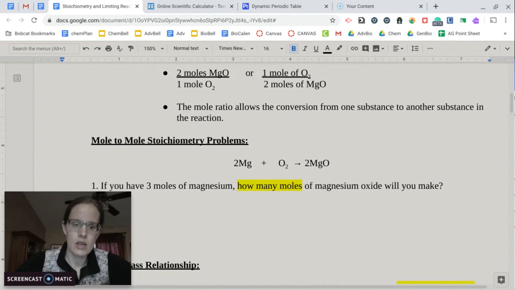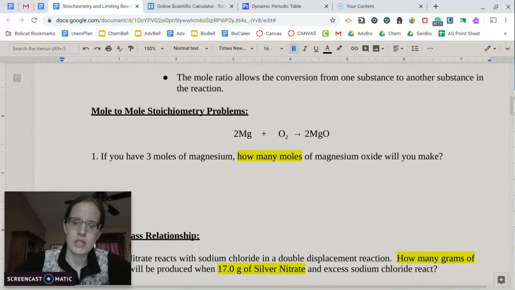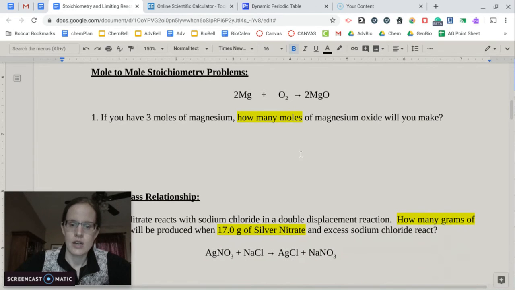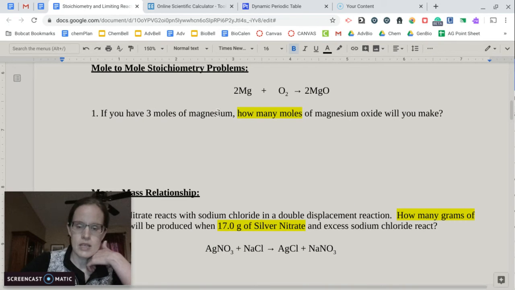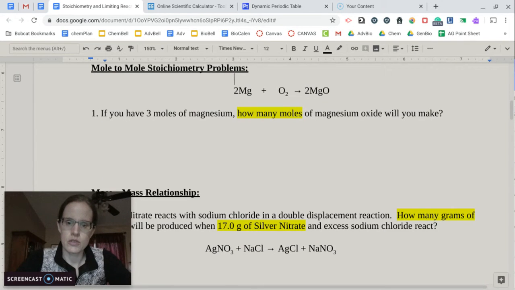Let's do a simple one, a mole to mole stoichiometry calculation. I'm going to use the same chemical equation. And we have 3 moles of magnesium, and they want to know how many moles of magnesium oxide you will make. Sometimes to help you visualize it, it might help to write out what you've got on your equation.